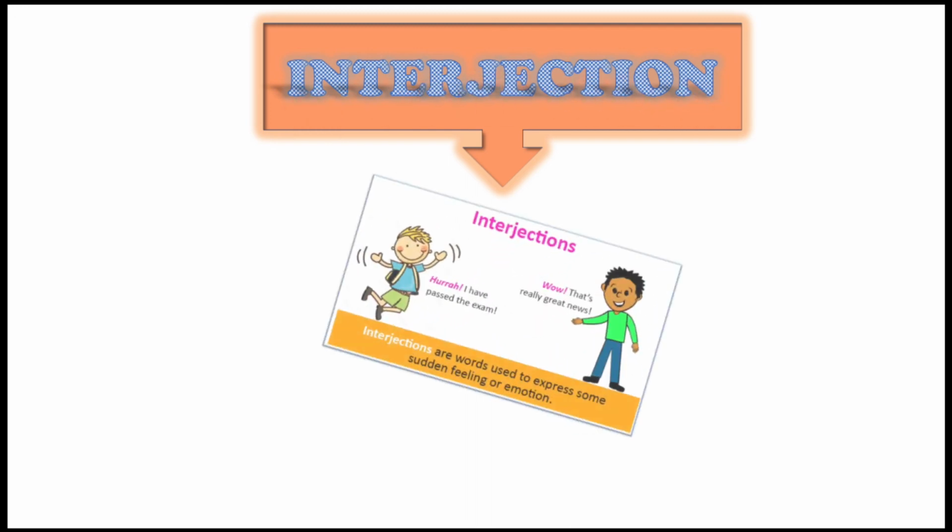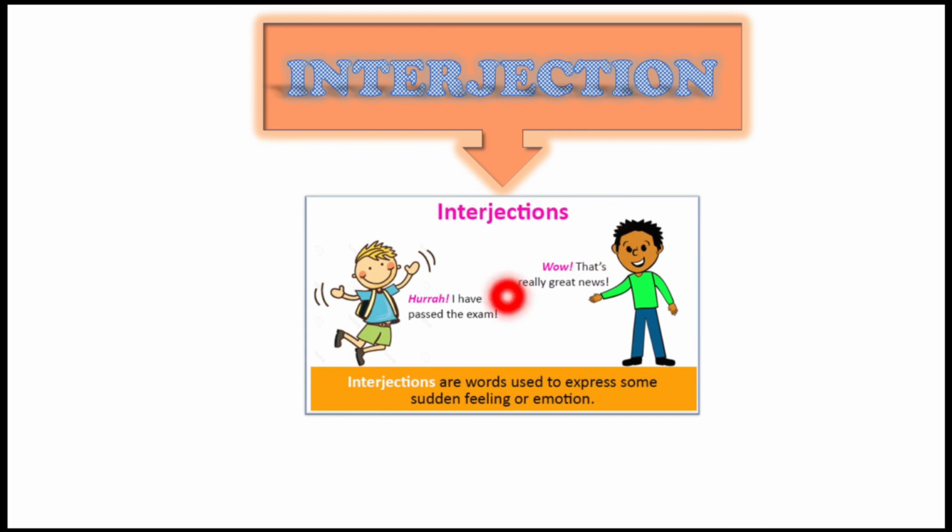The next part of speech we have is interjection. What are interjections? Interjections are words used to express some sudden feelings or emotion. For example, you are walking and you fell down, so the expression that comes out immediately is "Ouch, I got hurt." Those sudden expressions, sudden feelings, we call interjections.